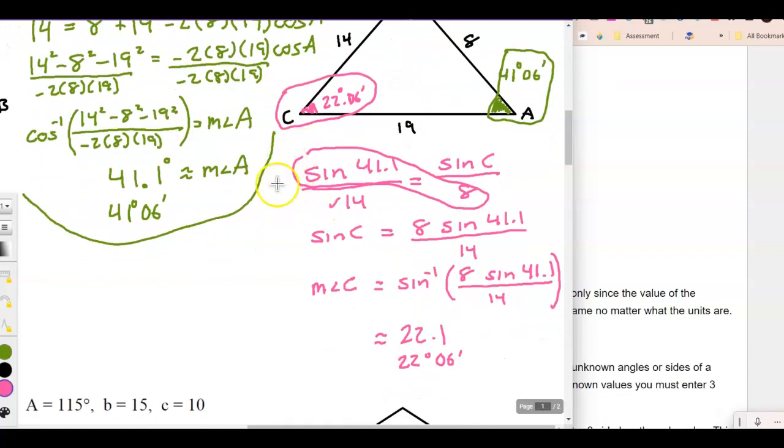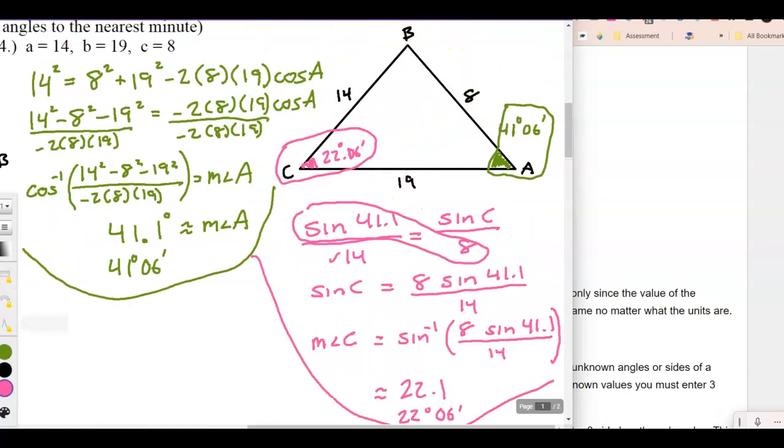You could go through and do a whole other law of sines and do all this work, but these still add up to 180 degrees, so I can just do that. So the measure of angle B will be 180 minus our other two, so 180 minus 41.1 minus 22.1.